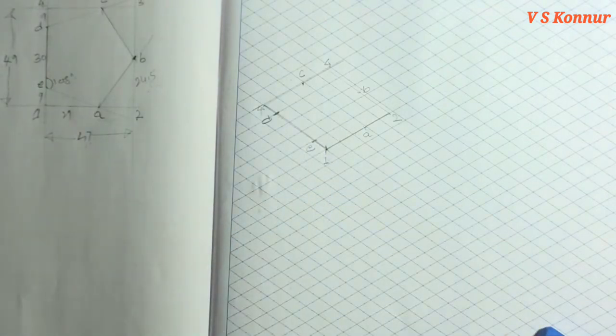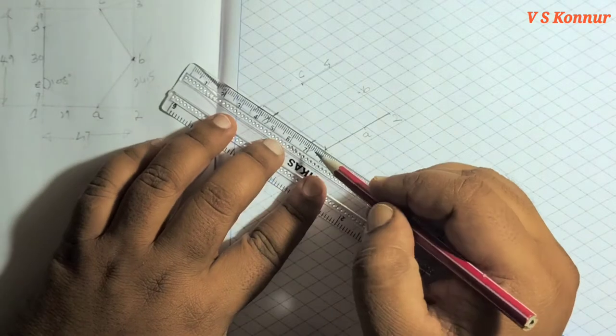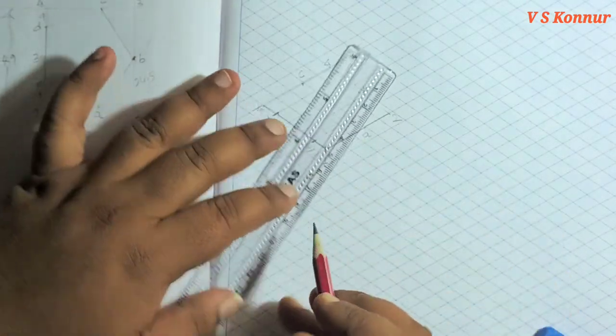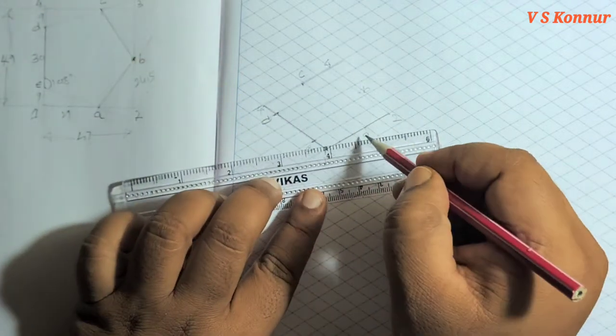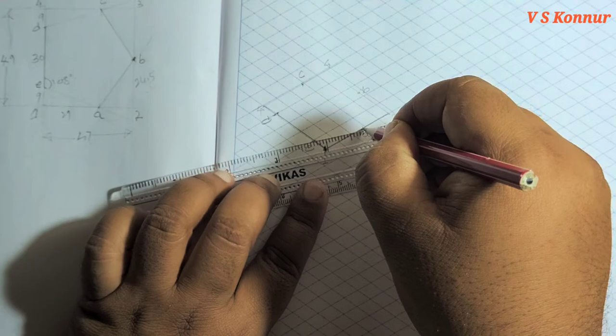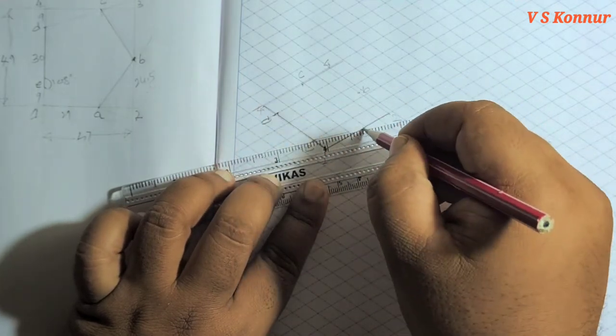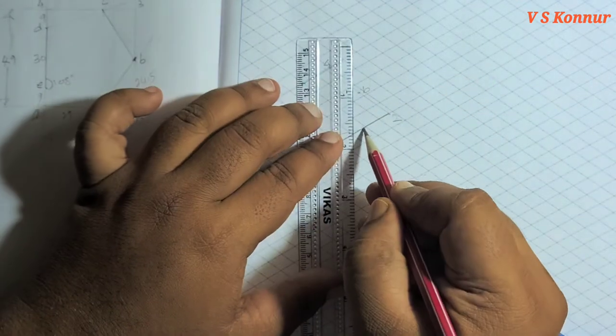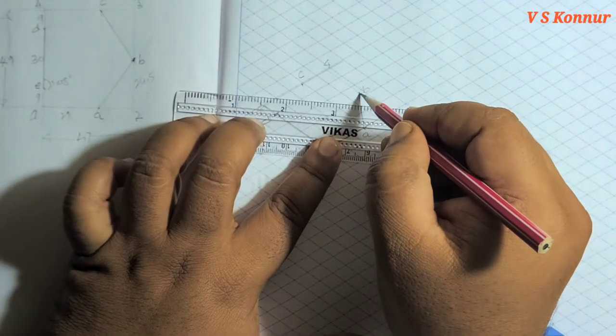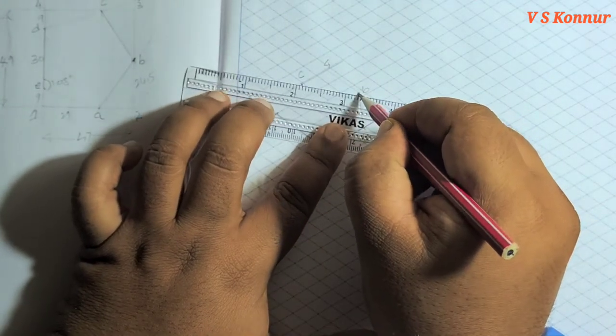We'll join this line with dark, then from this point to this.